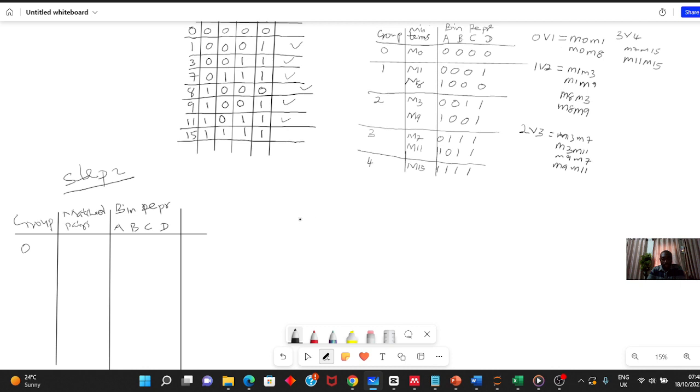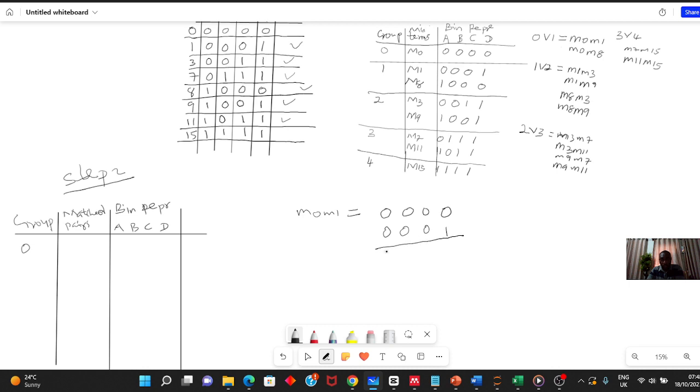We are matching M0 and M1. M0 is given to be 0, 0, 0, 0, and M1 is 0, 0, 0, 1.